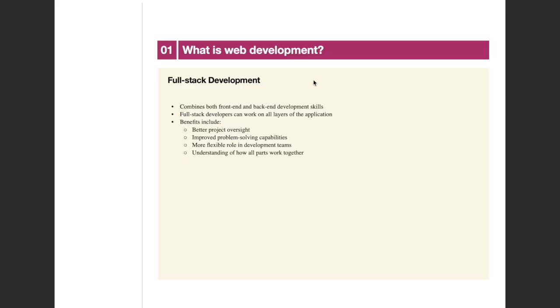Full stack developers can work on all layers of applications because they know both the front end and the back end pretty well. Like a superhero who manages both the dining area and the kitchen of the restaurant we took as an example, you are a full stack developer.